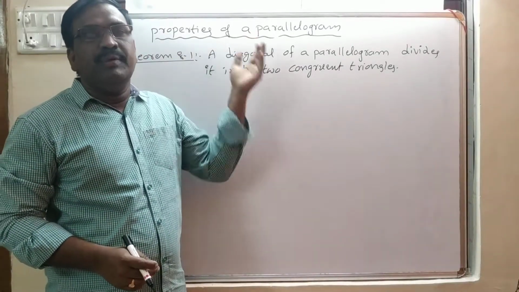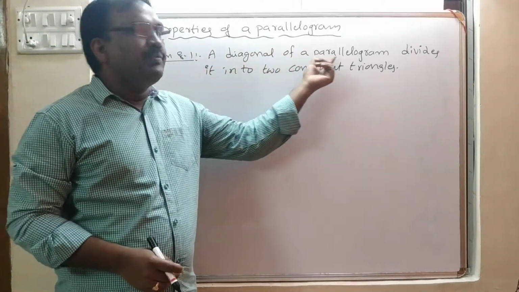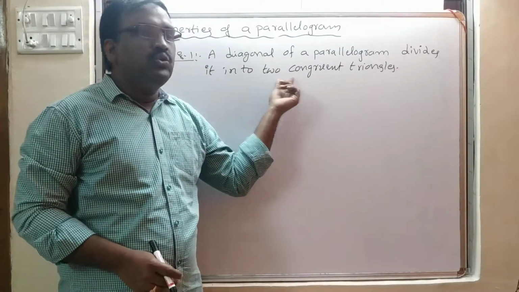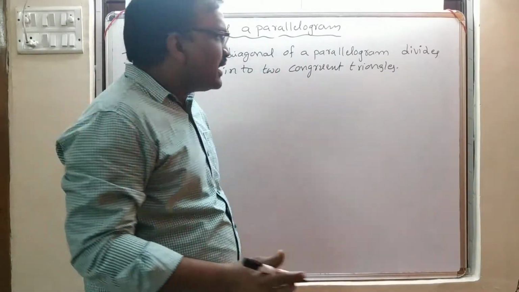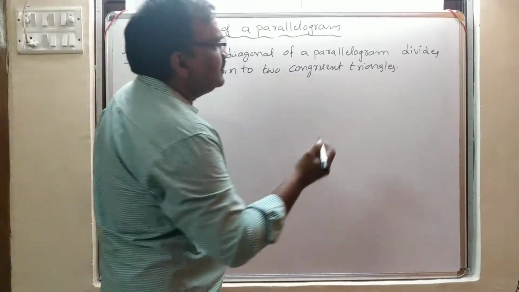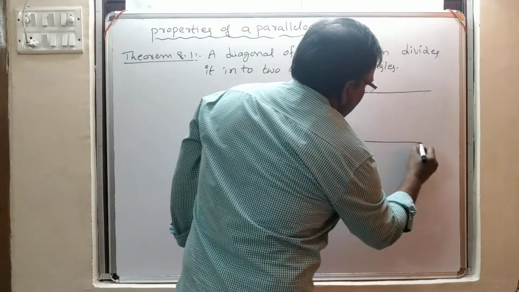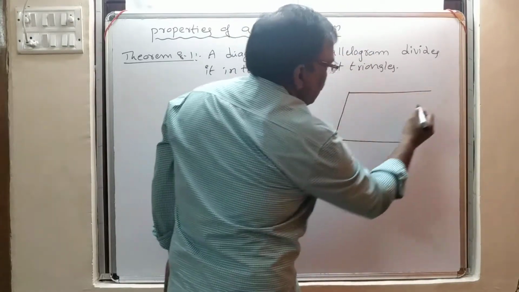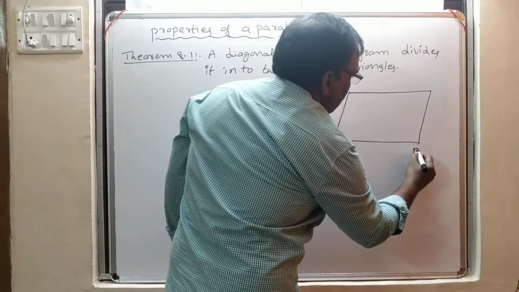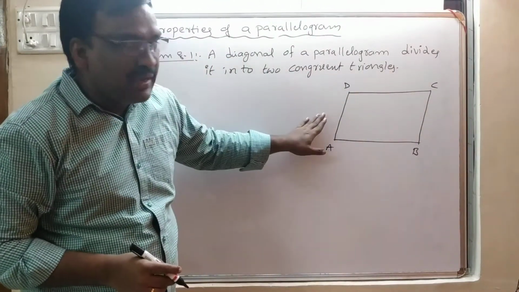Properties of parallelogram. First property: a diagonal of a parallelogram divides it into two congruent triangles. See, take one parallelogram. ABCD is a parallelogram.